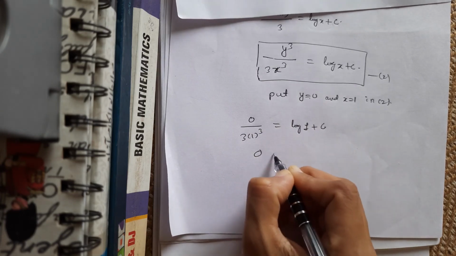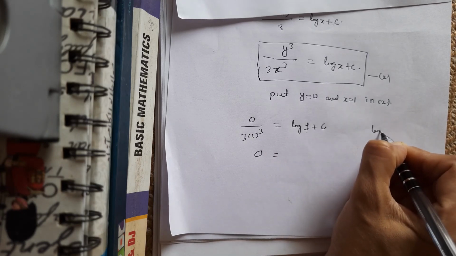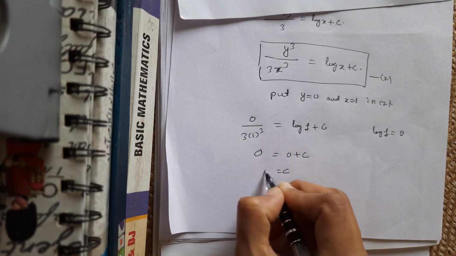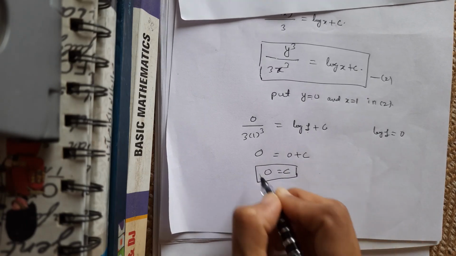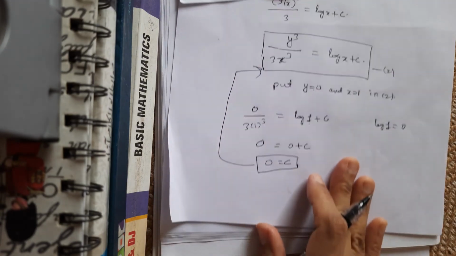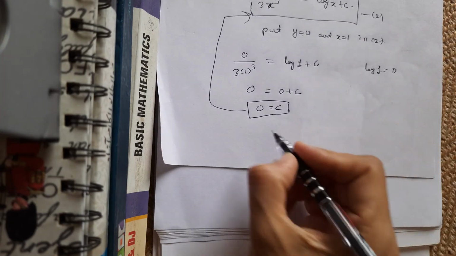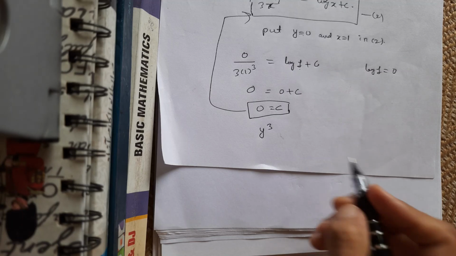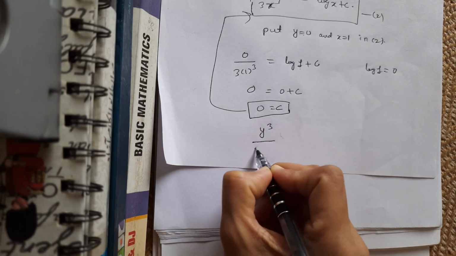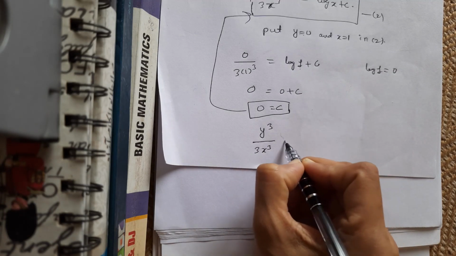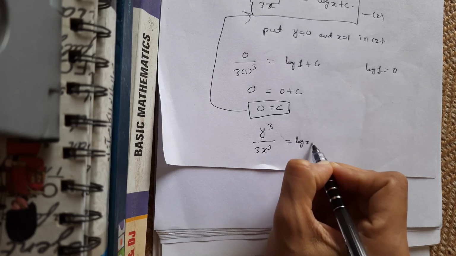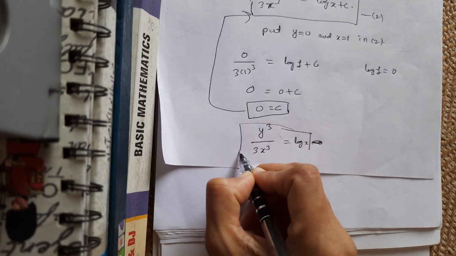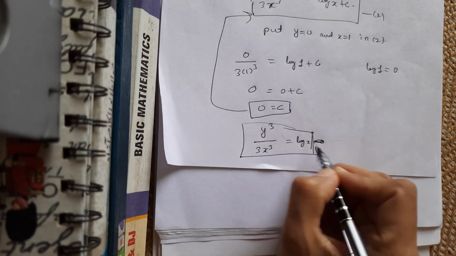This term becomes 0, and the value of log 1 is always 0. So c = 0. Now I back substitute the value of c, and finally the solution is y³/(3x³) = log x. I am not writing plus 0 because that is the value of c, and that is the solution I am getting.